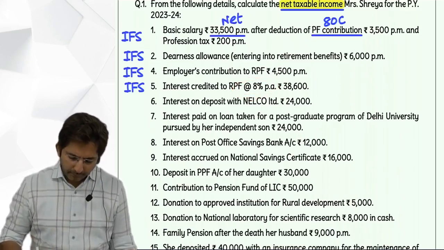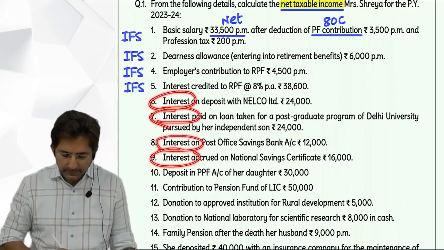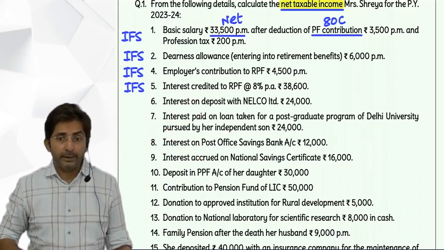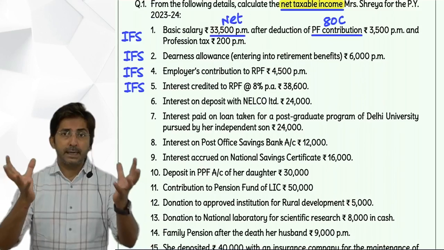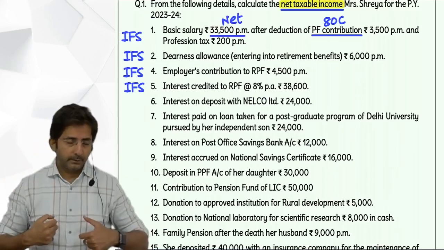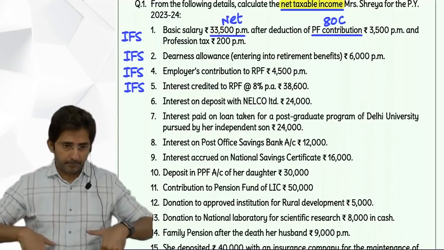now see, you will find interest, so many interests are there. But be careful, wait, let me remind you one thing. Look. If you come across interest income, then it is income from other sources. But it should be income.